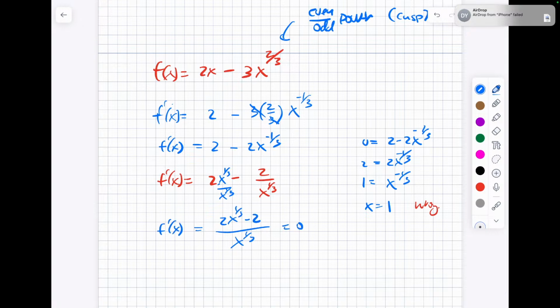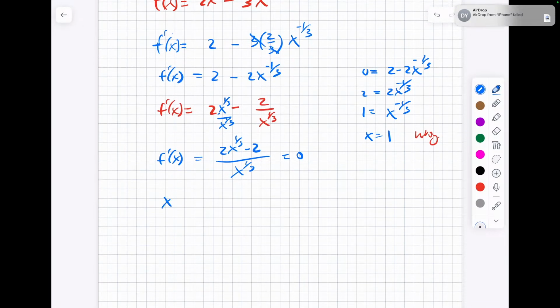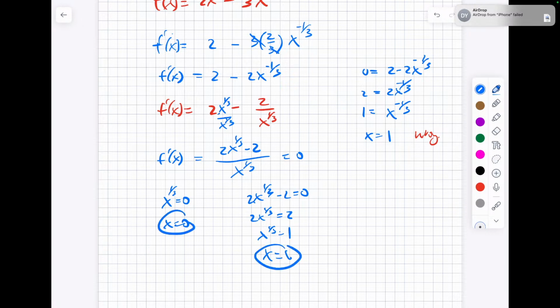Now remember, the bottom part equal to 0 is also a critical number, because that's called a vertical tangent, because there's a cusp at 0. 2x^(1/3) - 2 = 0, so x^(1/3) = 1, x = 1. So there are 2 critical numbers: one occurs at a horizontal tangent and one at a vertical tangent.